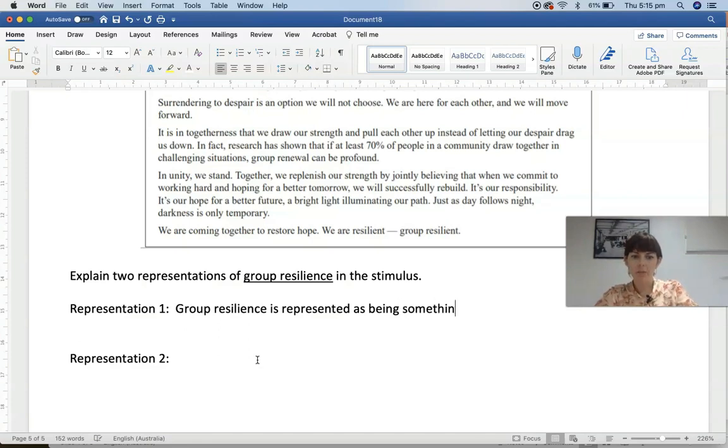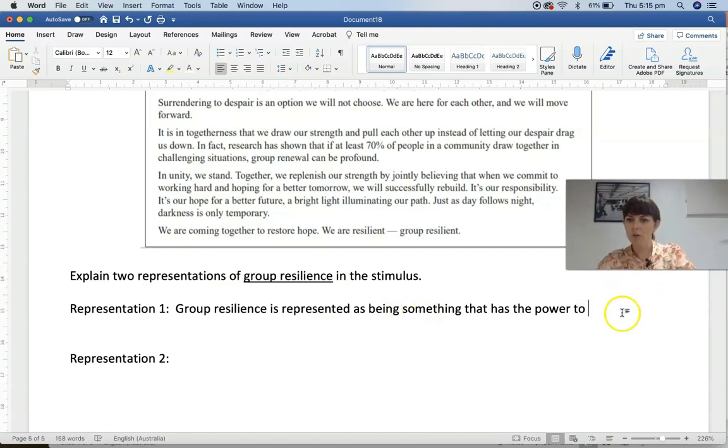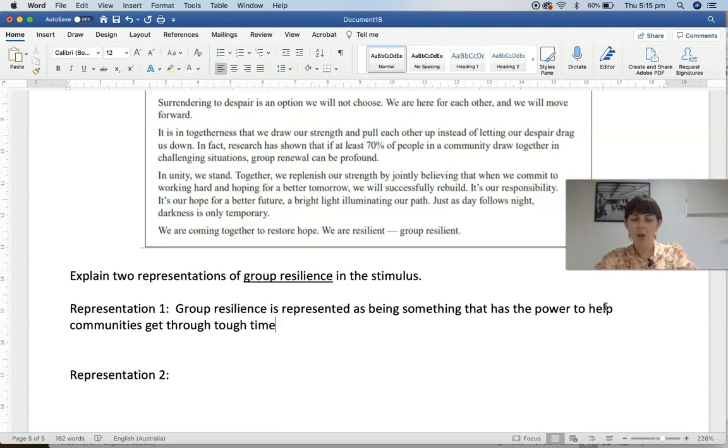shall we say, something that has the power to help communities get through tough times.